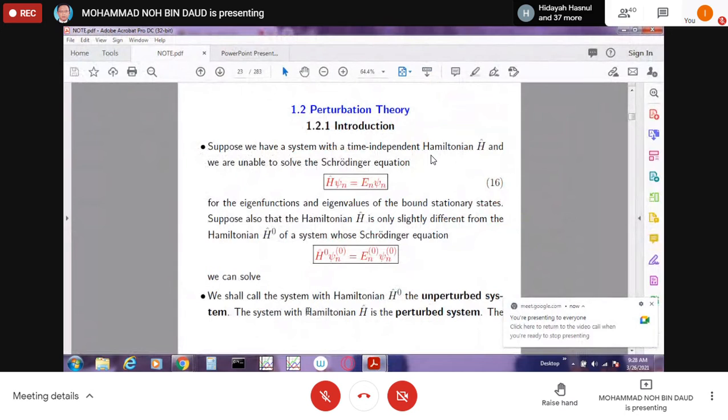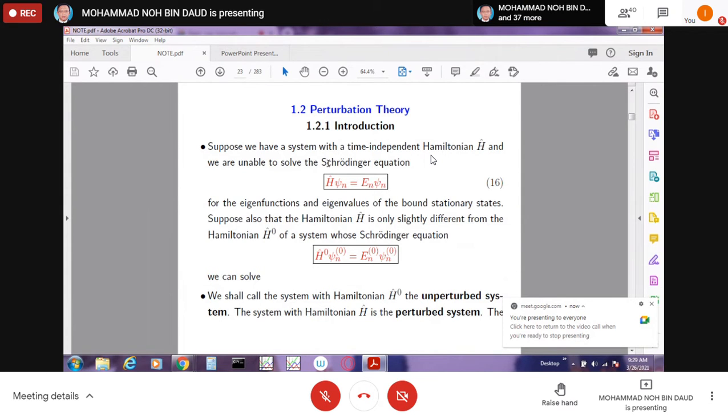Next, this is quite new for you: perturbation theory.